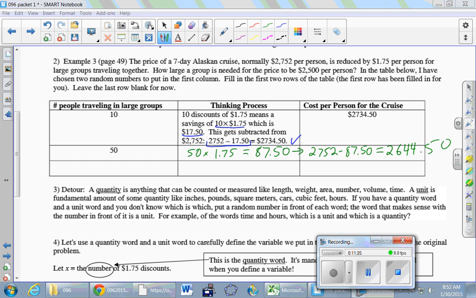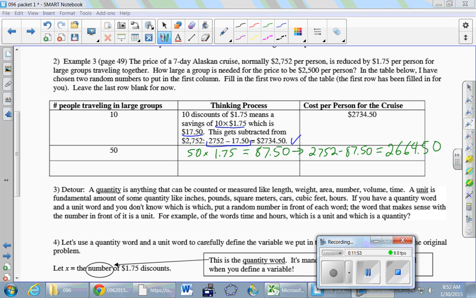Okay. Somebody help us out with this subtraction. Okay, can anybody else confirm that? 2664.50. That seems reasonable. Okay, super.